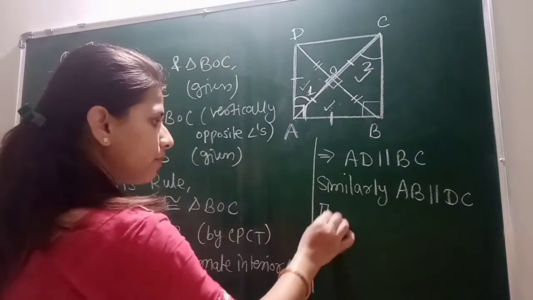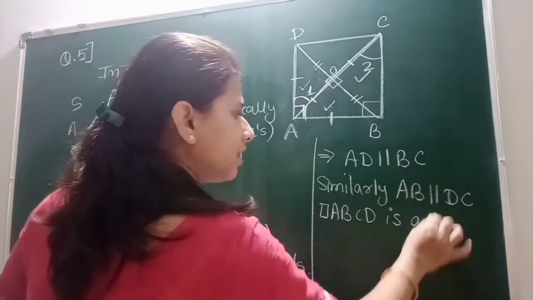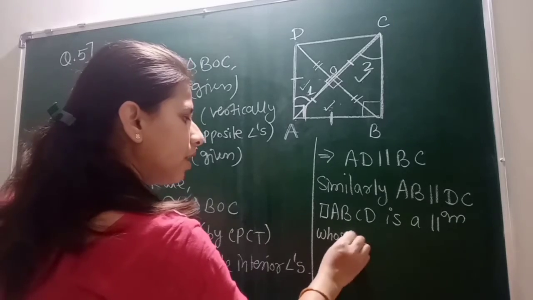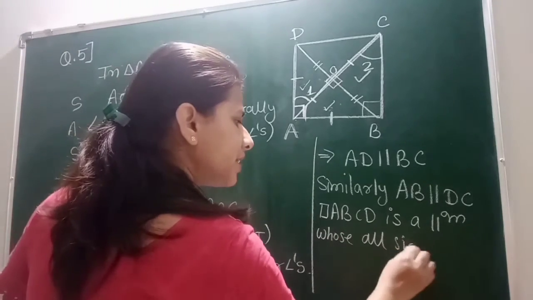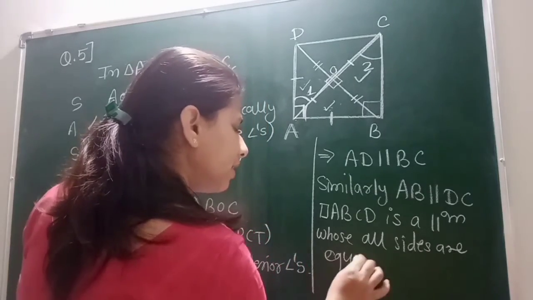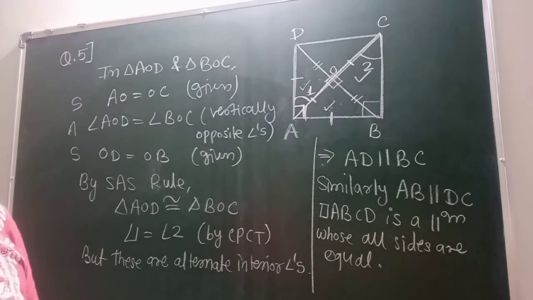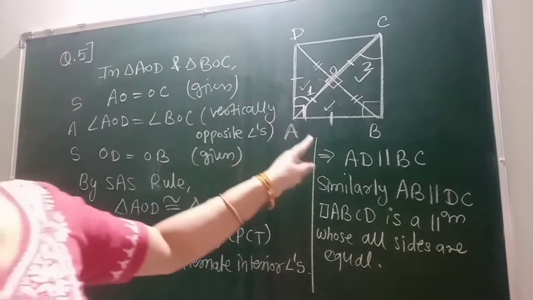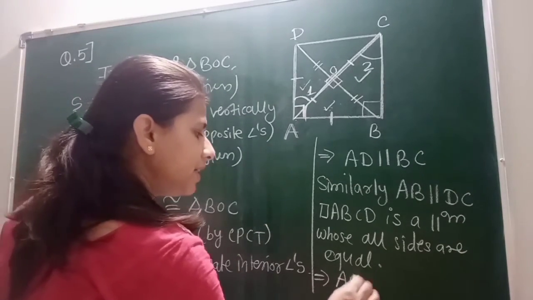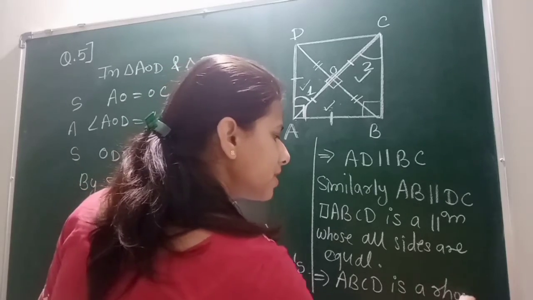It means ABCD is a parallelogram whose all sides are equal. And we know if in a parallelogram all sides are equal, then it is a rhombus. This shows that ABCD is a rhombus.